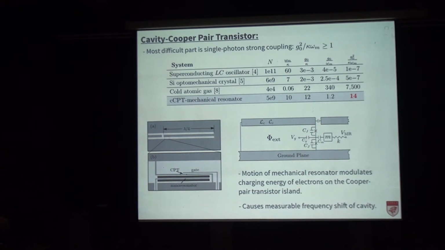Here I put a few systems that have already been published that look at optomechanical systems. For example, a superconducting circuit. Again, the key parameter is this one here. I want it to be on the order of 1. I have 10 to the minus 7. Optomechanical crystals get something, again, on the order of 10 to the minus 6, 10 to the minus 7.